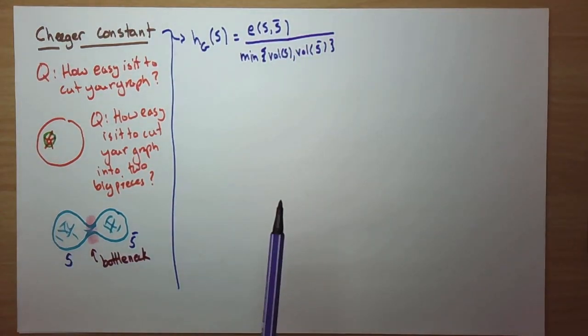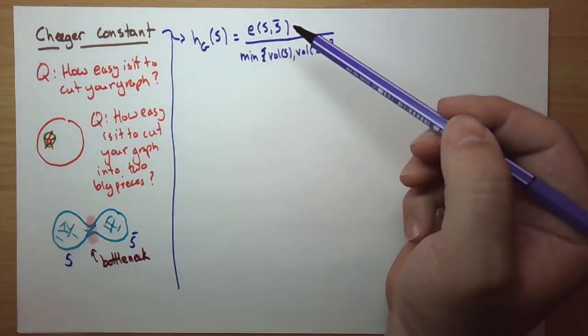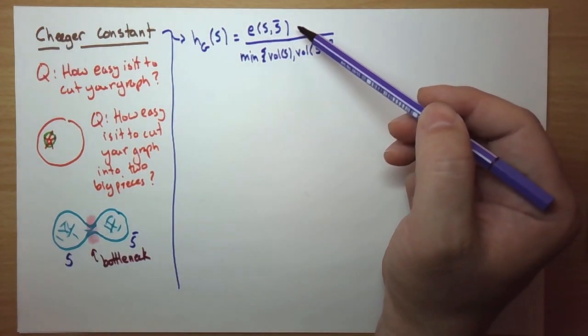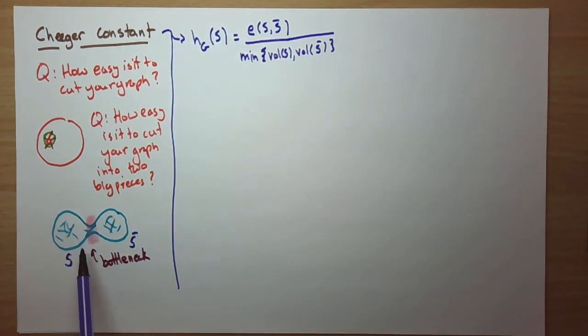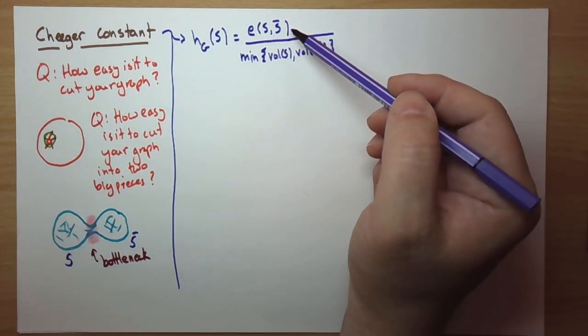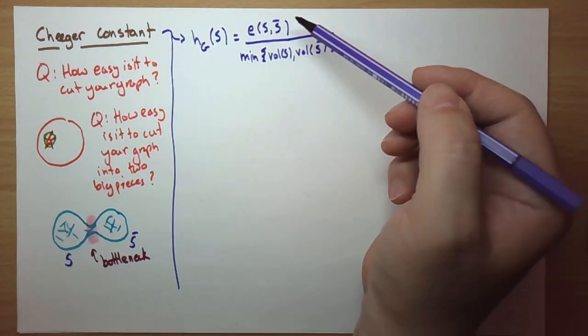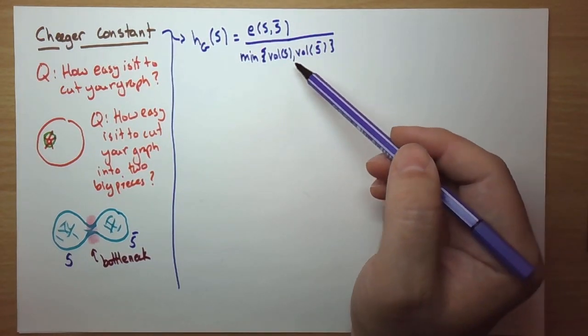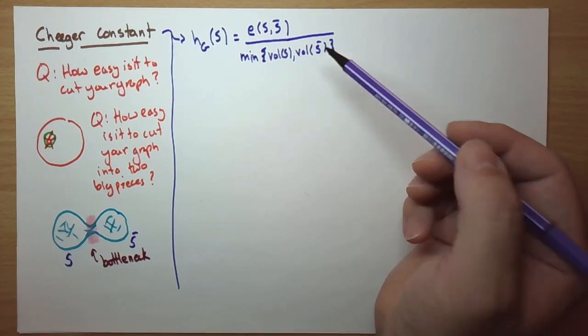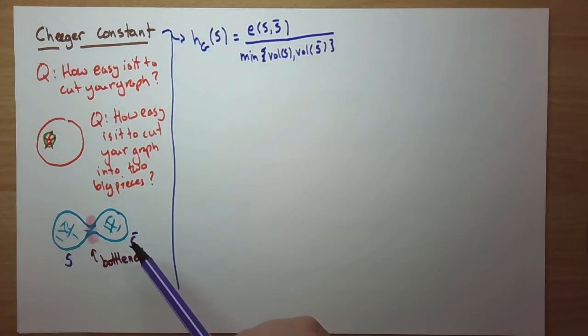So the idea here is we want to have a very small numerator. Our goal is a bottleneck. So if you want a bottleneck, we should have a small numerator, and then we'd want to have a large denominator, because we want to have two big pieces.